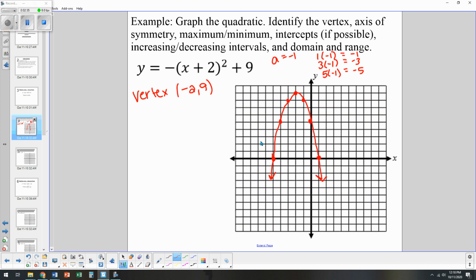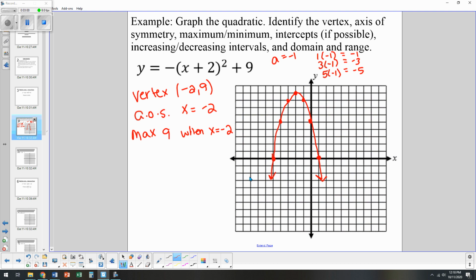So that's my graph. The axis of symmetry we know is always through the x value of the vertex. So my axis of symmetry is x equals negative 2. The maximum or minimum, so this is the highest point, so there's a maximum value of 9 when x is negative 2.